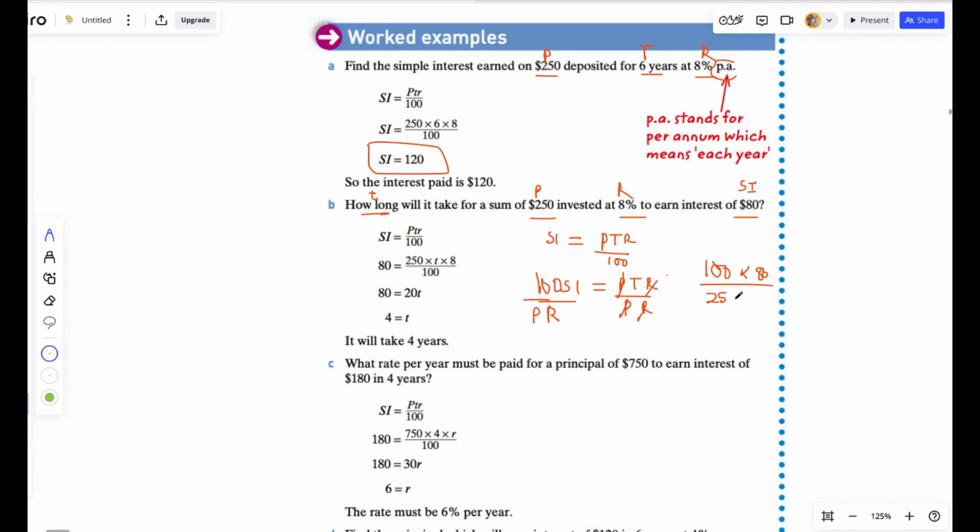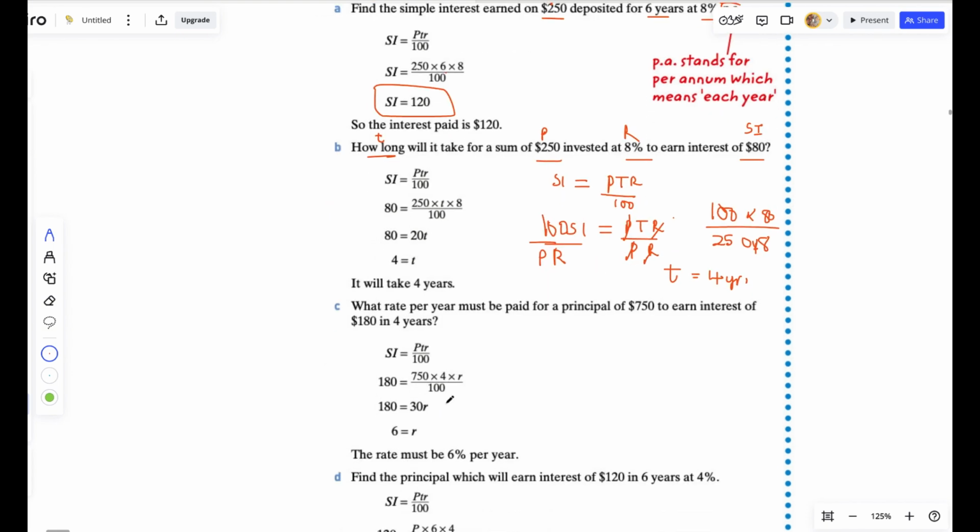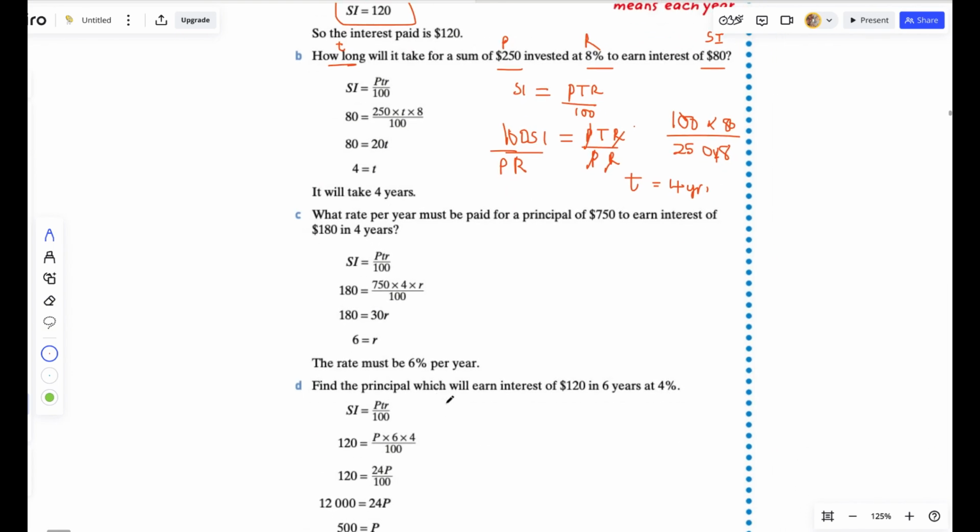When we do our cancellation, we eventually get T equal to 4 years, right? T equal to 4 years. Okay, so that's the second question.